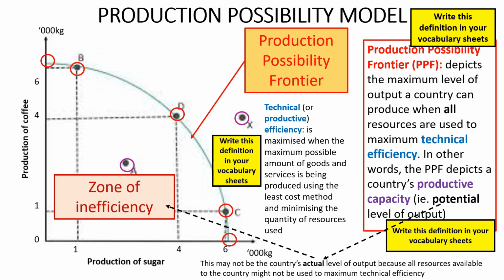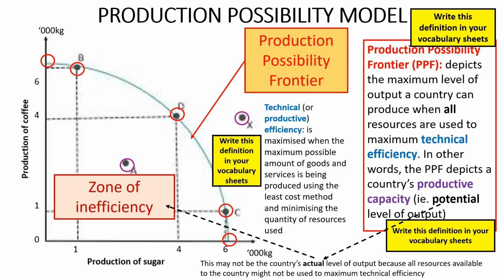For example, if the country is producing 2,500 kilograms of sugar and 2,500 kilograms of coffee, that is, if the country is producing at point A, then its actual output of sugar and coffee is less than the output of sugar and coffee that the country could produce if it used its resources more efficiently.